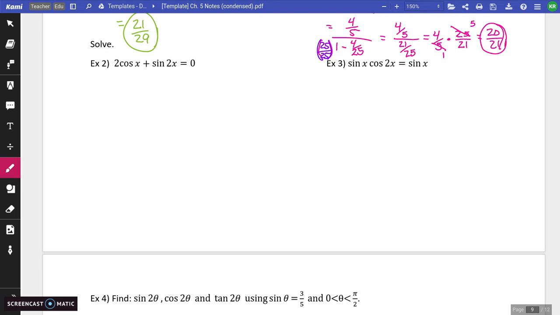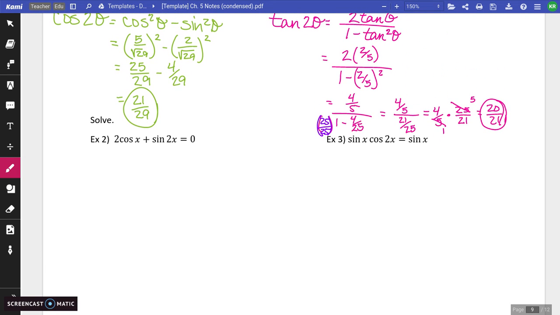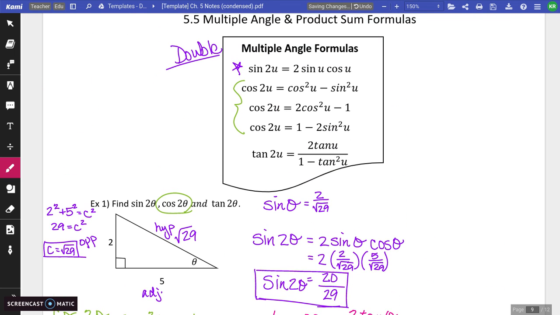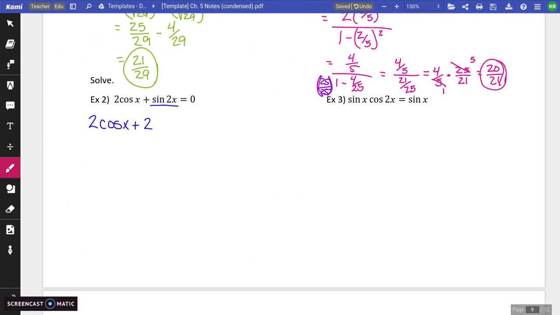Okay, so this one, 2 cosine x plus sine 2x. Okay, I'm going to make a substitution for this sine 2x. So I'm going to keep my 2 cosine x, and then my sine 2x is 2 sine times cosine. So 2 sine x times cosine x.